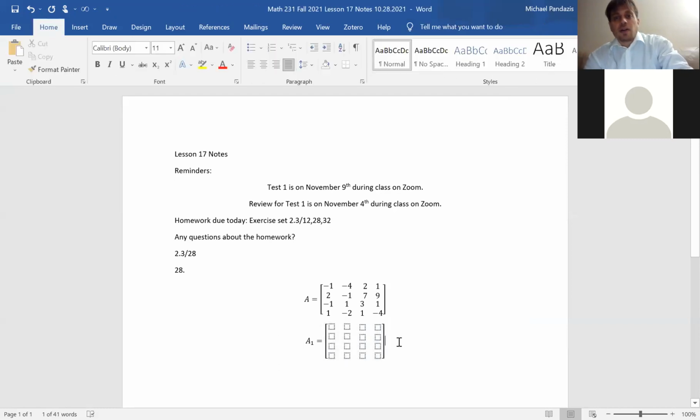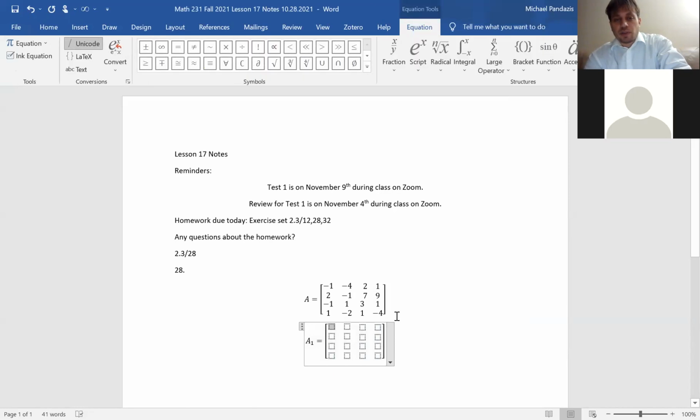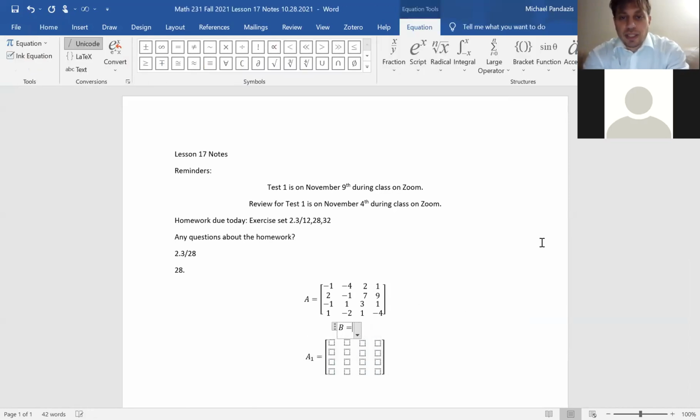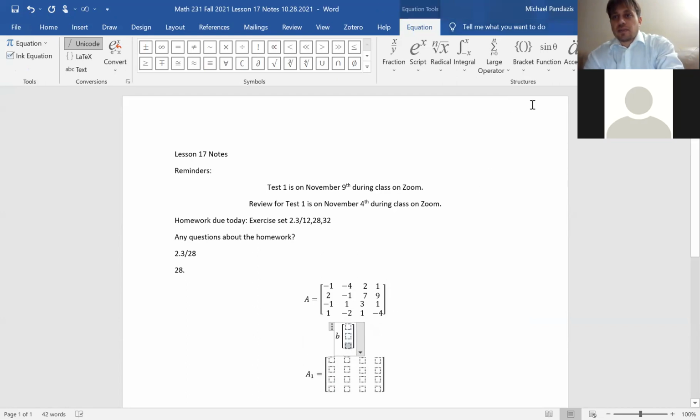Okay, so for A1, what you want to do is replace the first column with b. Little b is the column vector that consists of the constant entries.